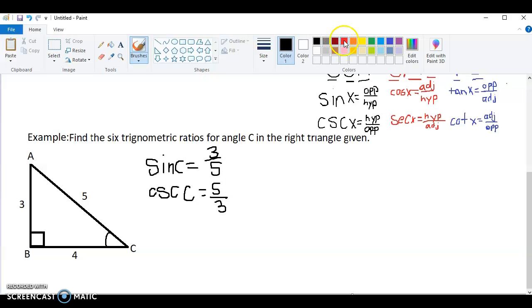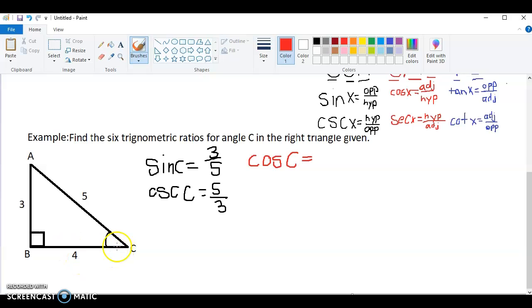Okay, and then moving on to cosine. Cosine of C equals adjacent. Adjacent would be the side touching the angle, but we know that the side opposite of the right angle is the hypotenuse, so our adjacent would be 4.